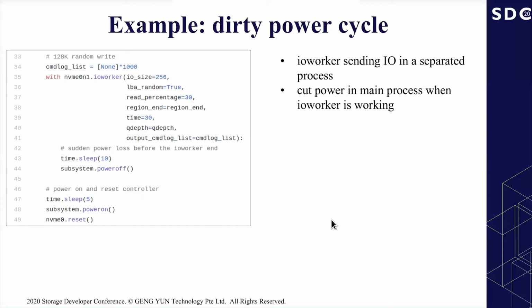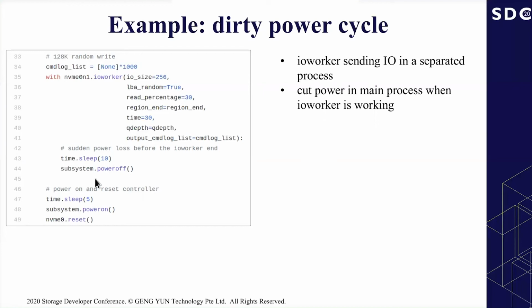Here is another example using Python's with statement. With one ioworker working, we can do something else in the main process in parallel. In this script, the main process waits for 10 seconds and suddenly shuts down the SSD power.